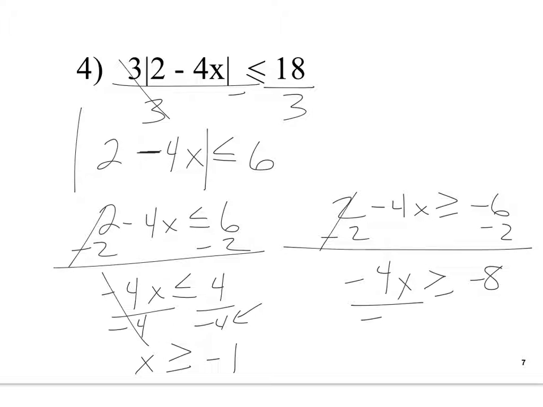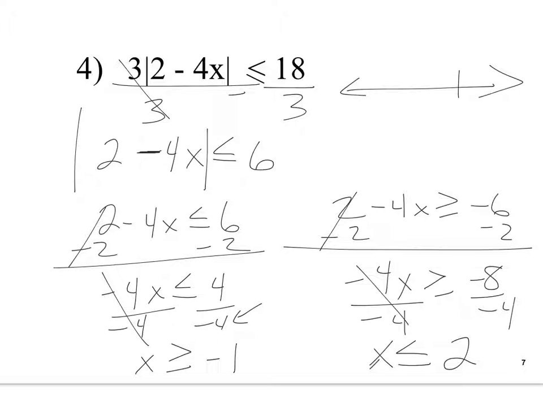We're dividing by negative 4, so x is less than or equal to positive 2. Yeah, it still works out, see? Less than or equal to 2, so it's going that way, and greater than or equal to negative 1. And these two connect. So it's negative 1 to 2 as your answer. All right, have a good day.